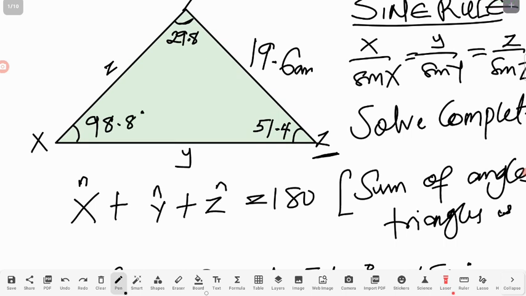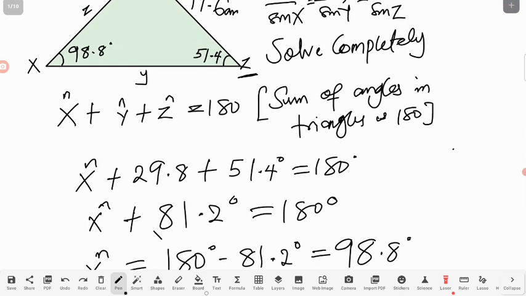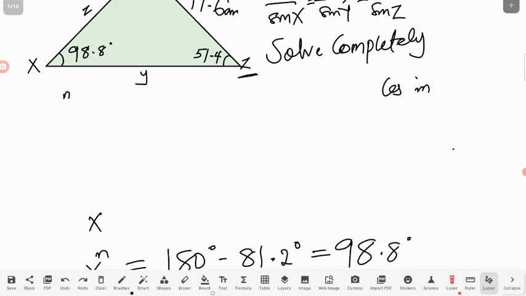So we are able to complete the values of angles in the triangle. Now let's find the value of y and z.